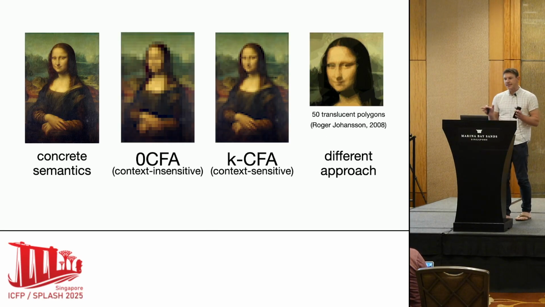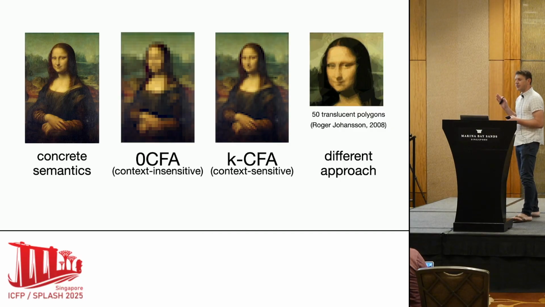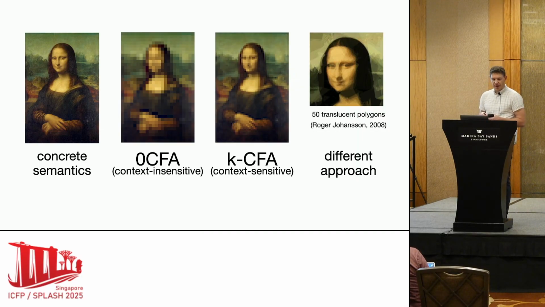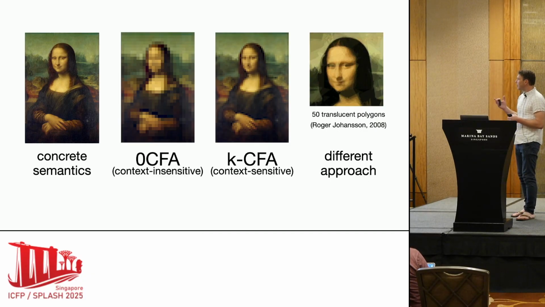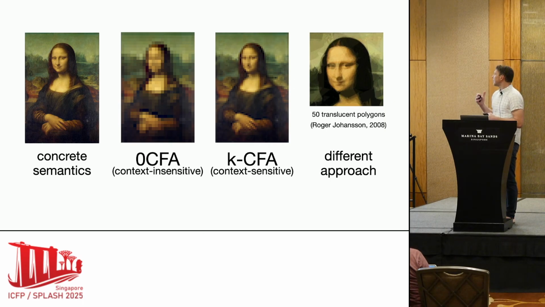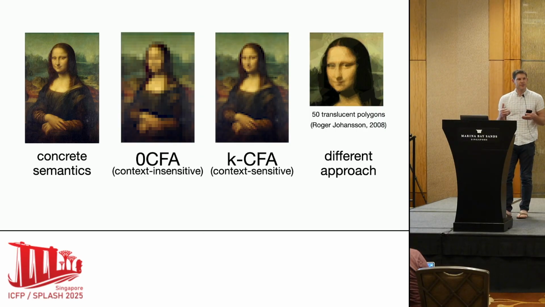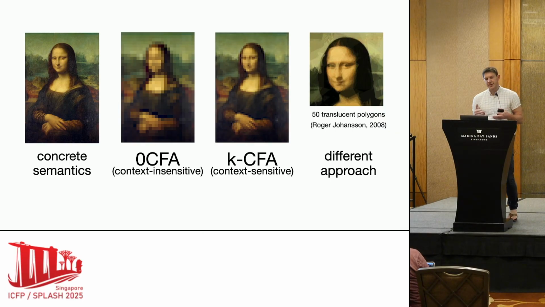So to finalize the analogy here, what I have on the right is a portion of the Mona Lisa that was constructed using 50 translucent polygons, and it was constructed using a genetic algorithm. And the analogy I want to make is that part of my work is to develop analyzers that are more responsive to program structure so that we get better answers for a given amount of effort.